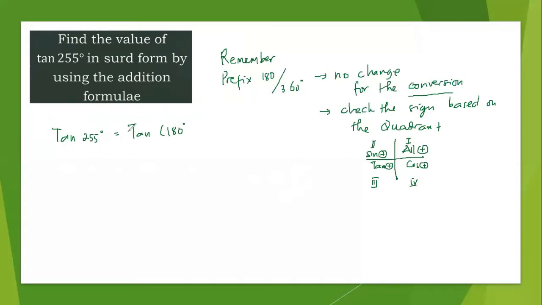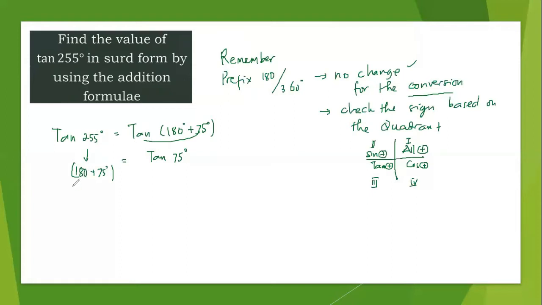So how to modify 255? 180 plus 75, right? That's the modification. So tangent 255 degrees means tangent of 180 degrees plus 75 degrees, directly just tangent 75 degrees, since for the prefix 180 or 360 degrees, there is no change. But you have to check the sign based on the quadrant.